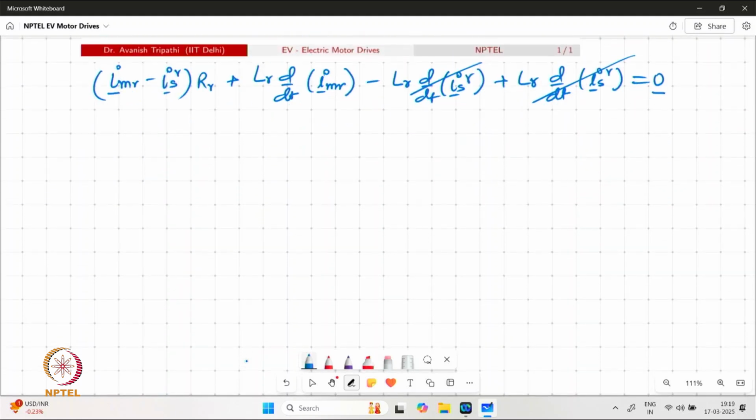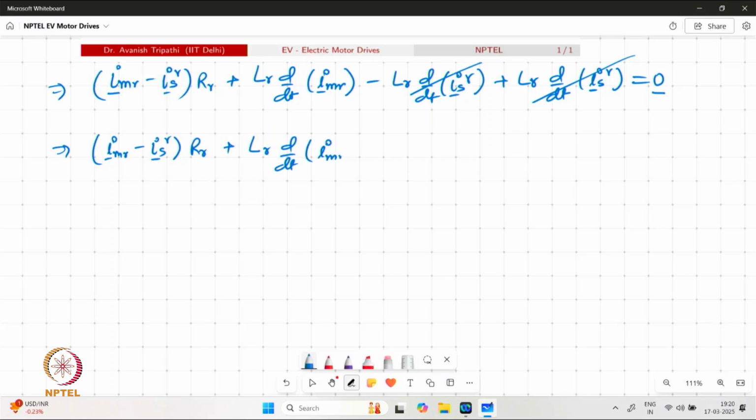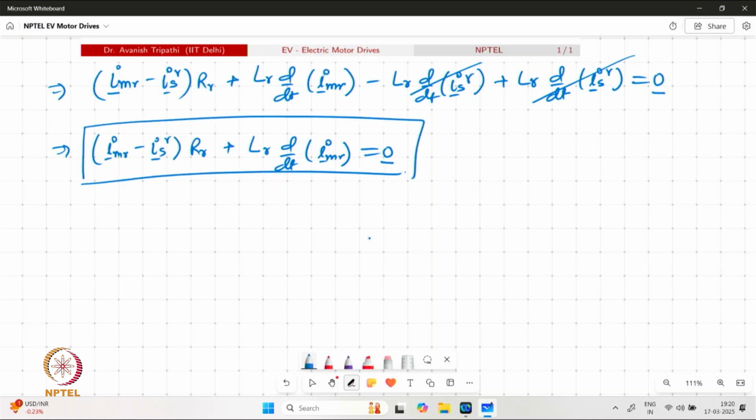Now the rest of the terms can be expanded once again, and because this equation does not have any rotor current term, and this equation is written in the rotor frame of reference, we would want this equation to come back to the stator frame of reference.